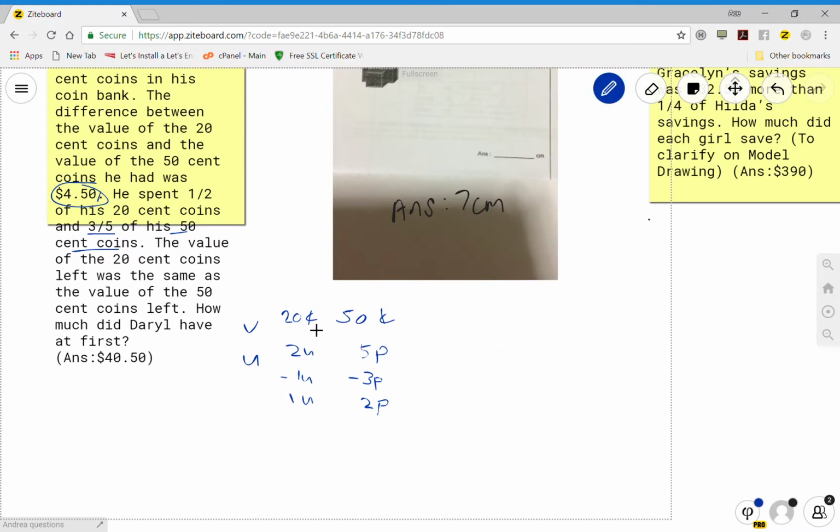If I take value times unit, I get 40 VU, wait, sorry. Here is tricky, because 1 unit, 1 part. 40 VU plus 250 VP is equal to 450.